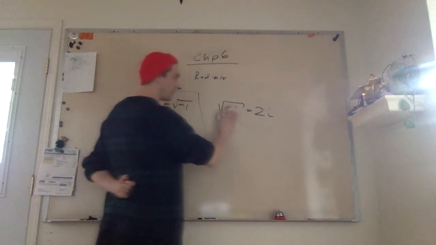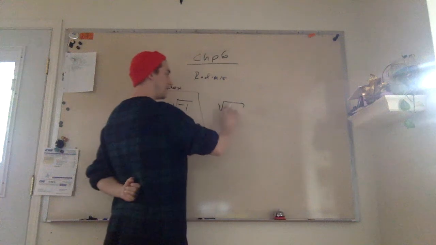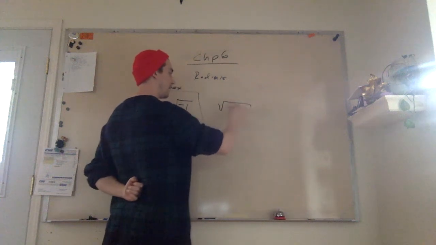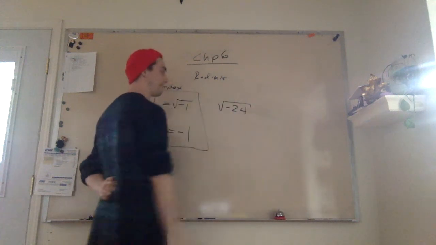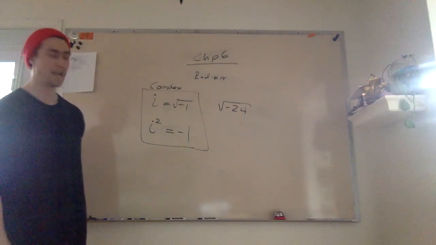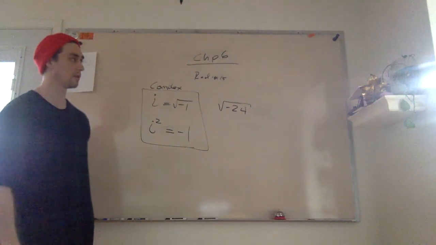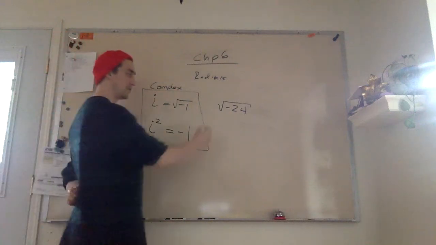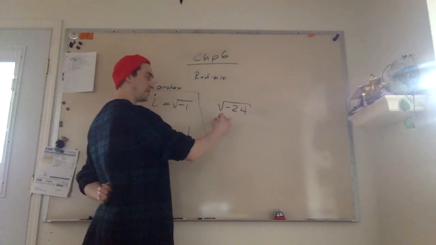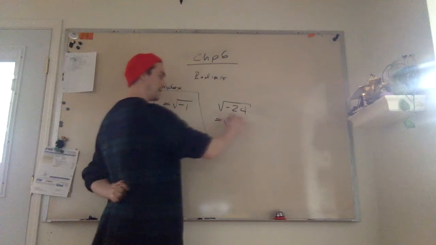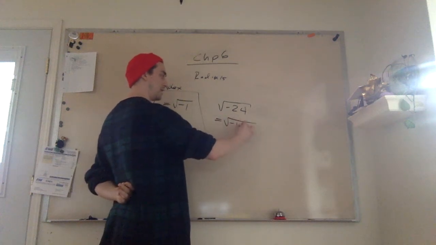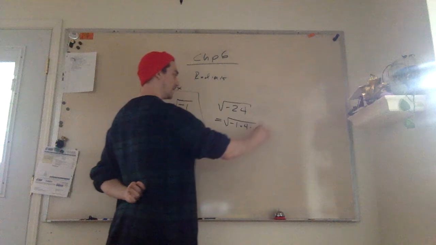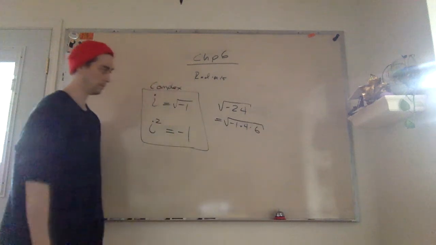All right, so here's another example. Take the square root of -24. You would just have a question that says, hey, simplify this square root, and you would do it the exact same way that we have been doing it. You can rewrite -24 as -1 times 4 times 6.